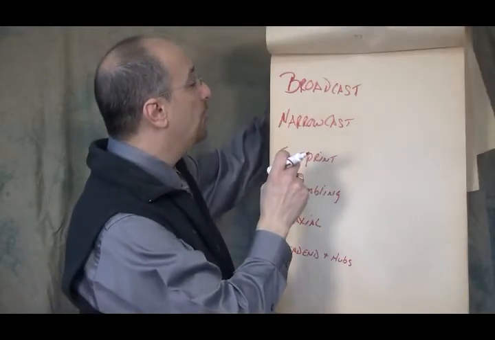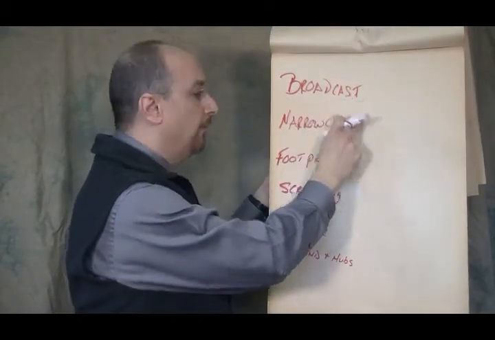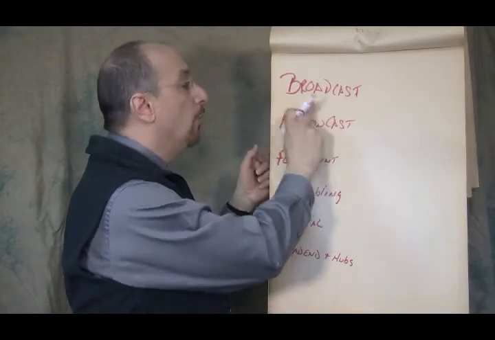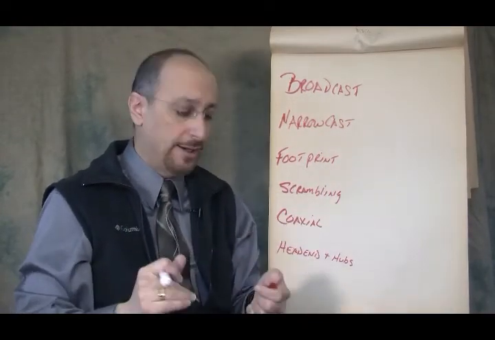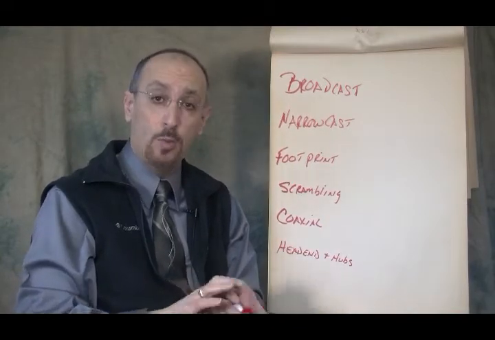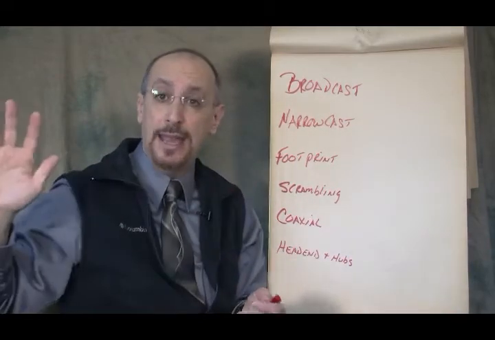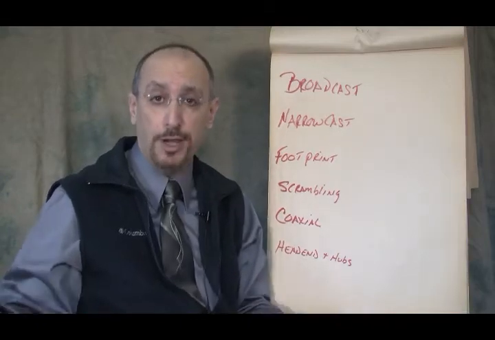The other words, the word broadcast and the word narrowcast. Broadcast simply means, for the purpose of this lecture, transmitting a signal from one person or from one place to as many areas as possible for free.